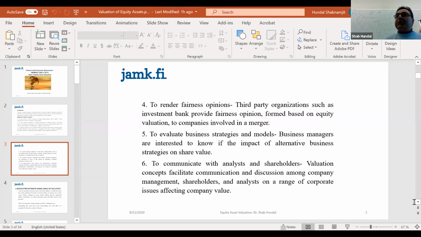Okay, so in that case, you can also act as a consultant who gives a fairness opinion. Like I remember 3 years ago, there was a small startup company that came to us and said, I want to apply for funding, but I don't know how much money I should apply for, because I don't know the value of my company.